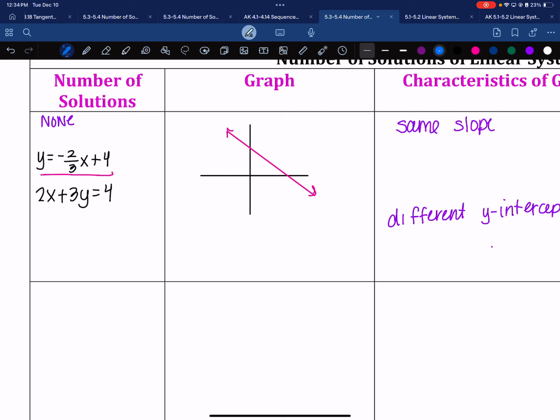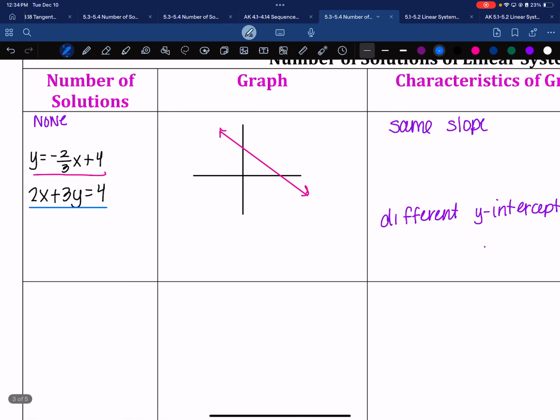Okay, so then to graph this, I could find the x and y intercepts and draw that line, but I'm really interested in knowing what the slope is because that helps me determine if the lines are parallel. How do I find the slope of that line?